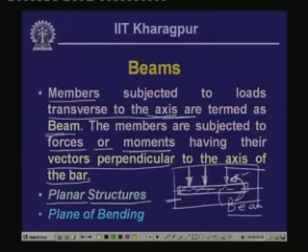In the same plane, we have the bar and the loading, and when the beam is subjected to these transverse loads, it will undergo deformation, and this deformation also will be in this particular plane. As we go along, we will look into the deformation aspect of it. When the forces acting on this beam, the plane of the beam and its deformation are in the same plane, we call it a planar structure.